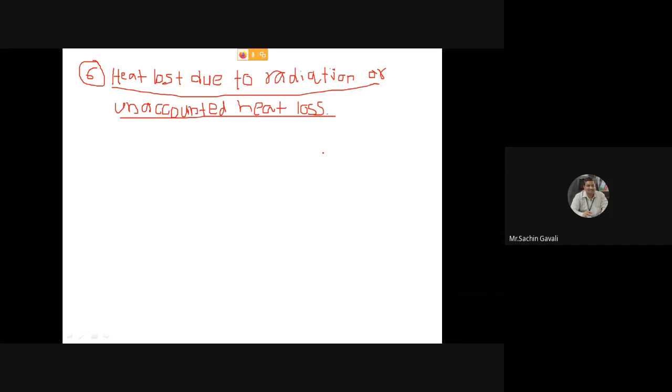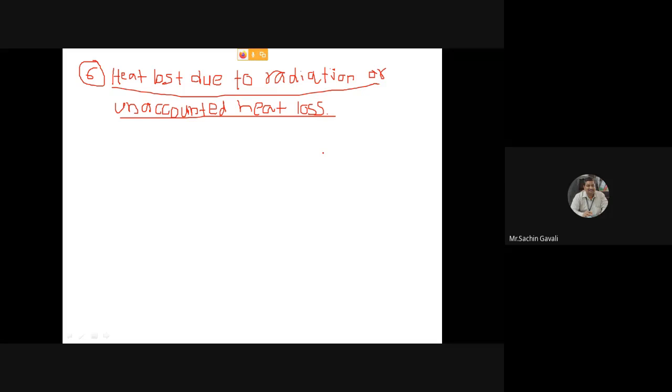So we always have to carry the steam from the generation point, the boiler, to the using area. When we do the combustion, the boiler parts get heated, and there is a temperature difference between these boiler parts and the atmosphere.